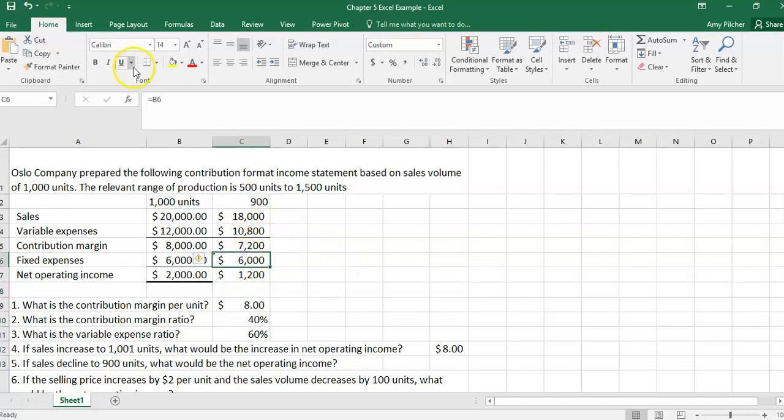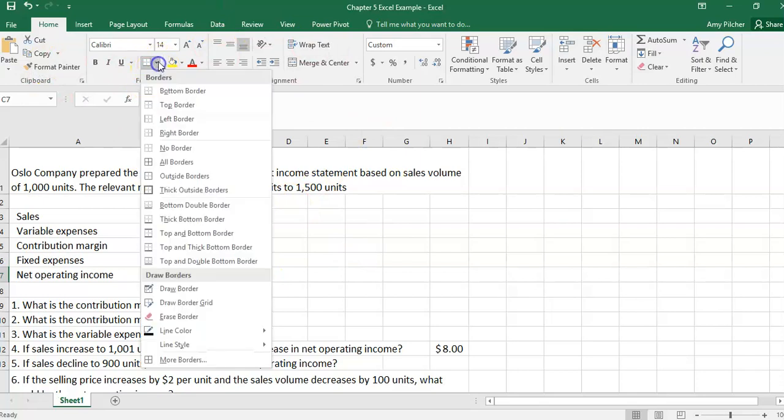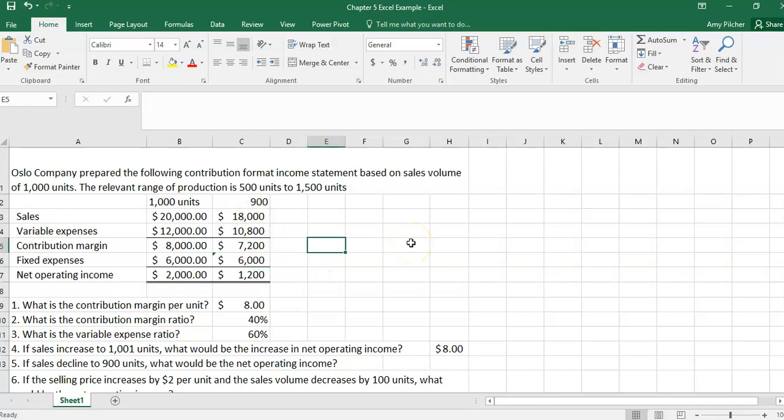So our operating income would be $1,200 if sales dropped to 900 units. So the new operating income is $1,200.